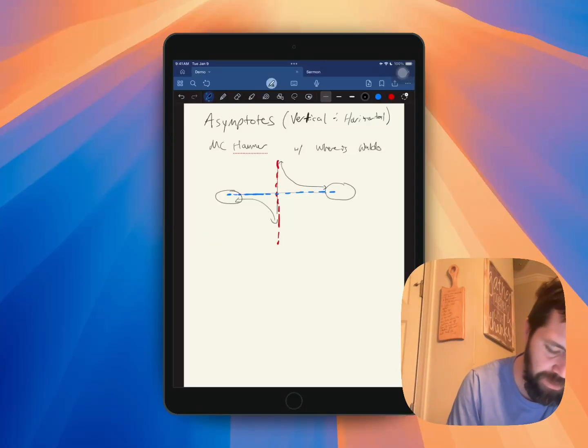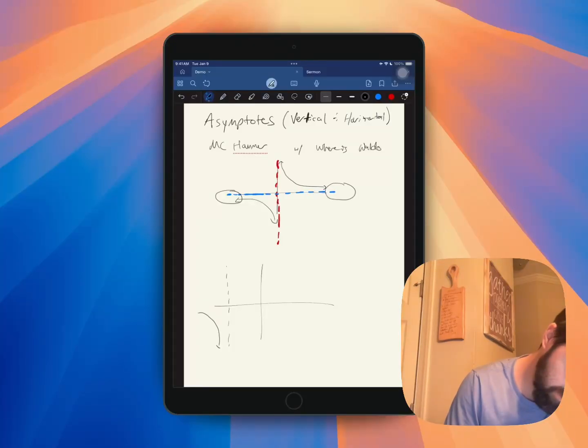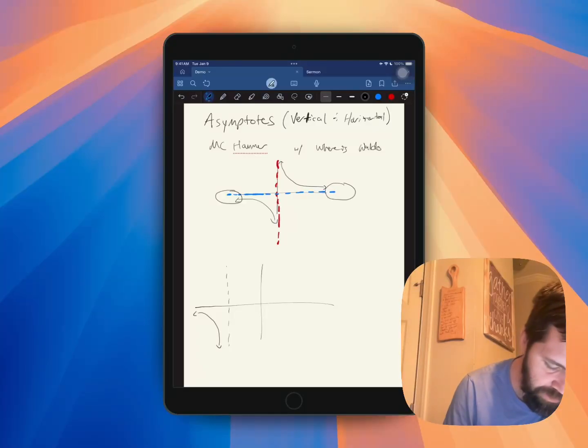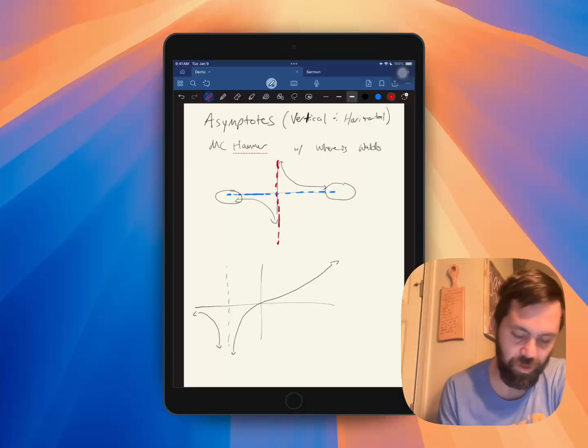So if I have a graph that looks like this, right? So there's, let's say down here, a little shenanigans. And then let's say there's something like this. Maybe this is a bad example, but the question would be, where are the asymptotes?